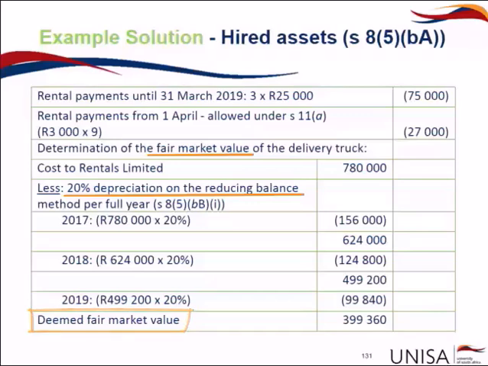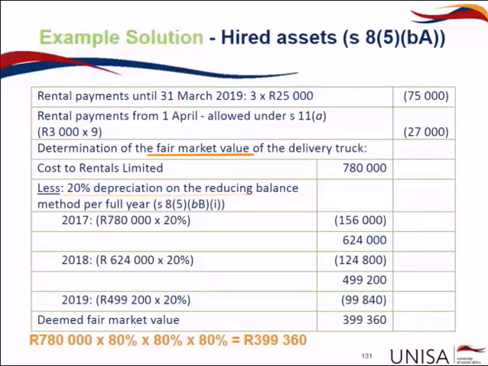A quicker way to get to that same answer would be the 780,000 times 80% times 80% times 80%. That will still give you the 399,360. Now that we have the deemed fair market value, we need to go and compare that to the allowances that we claimed and see whether there is a recoupment involved.